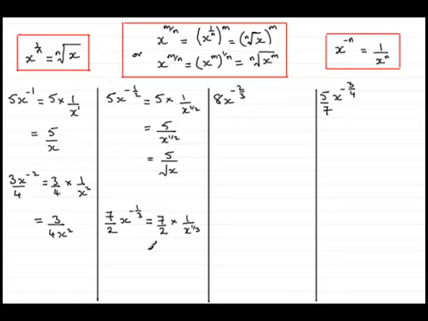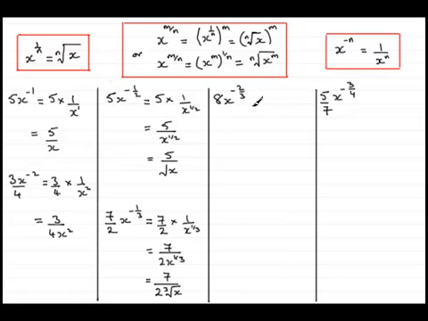Multiply the fractions together, and what you've got is 7 times 1 is 7, all divided by 2x to the power third. But the x to the power third, by this rule, is the cube root of x. So when tidied up, we've got 7 all divided by 2 times the cube root of x.